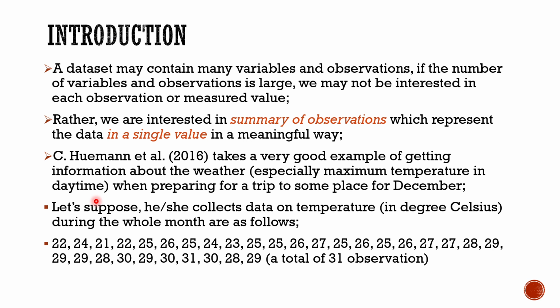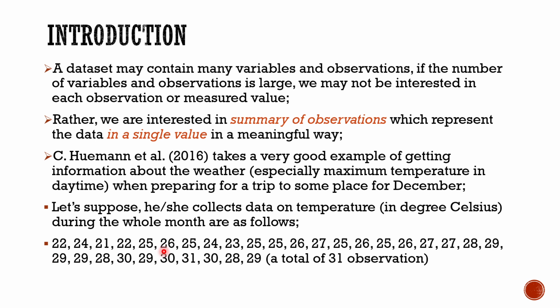Suppose he or she collects temperature data for the whole month as follows: 22 degrees Celsius, 24 degrees Celsius, 21 degrees Celsius, and so on. As this is the month of December, we have a total of 31 observations, one for each day.